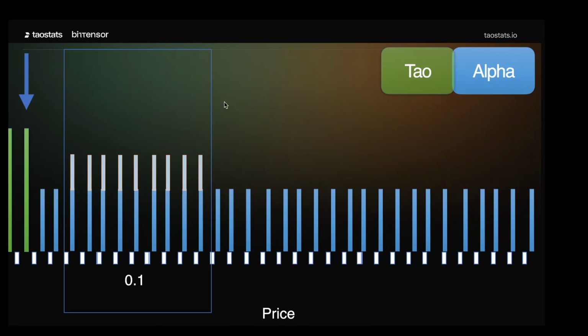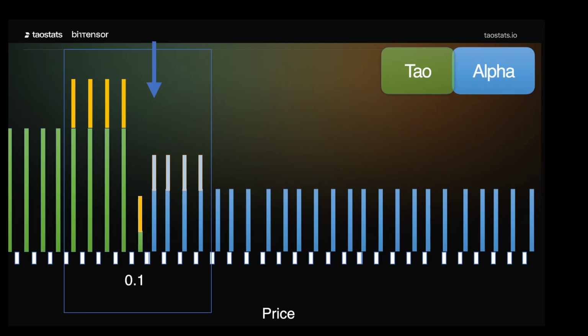The other thing that can happen is all of your Tau gets turned into Alpha and the price is down here. Well, unfortunately now all of that Alpha is worth less because the price has gone down. So it's very important to monitor and maintain your positions to ensure that you're not losing too much value while the price is fluctuating. So this is just an overview of how Uniswap liquidity works in the Bittensor network.